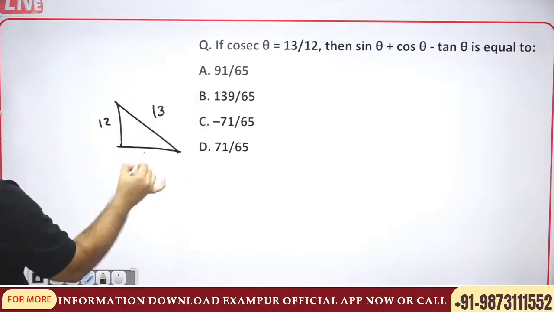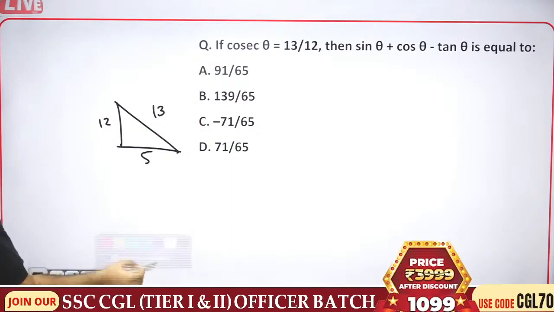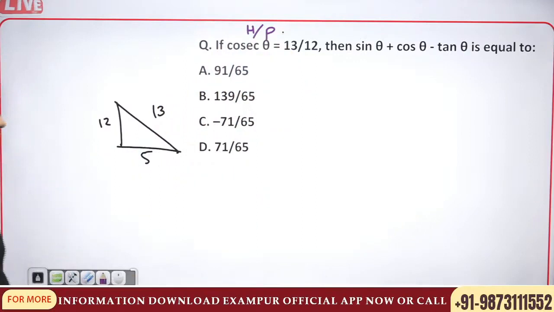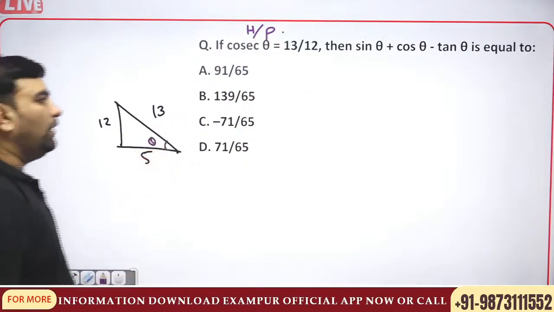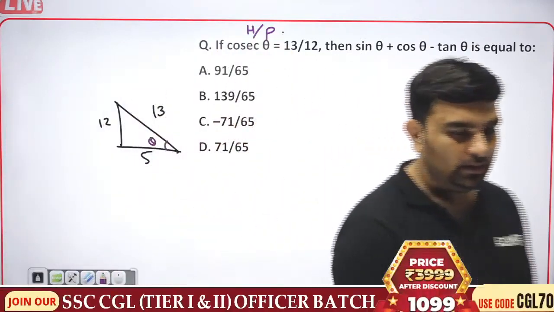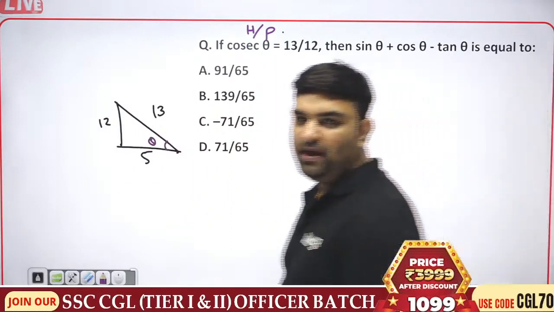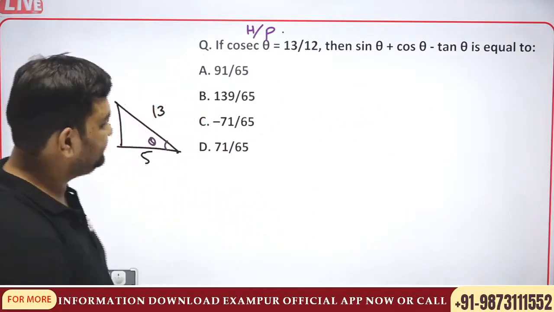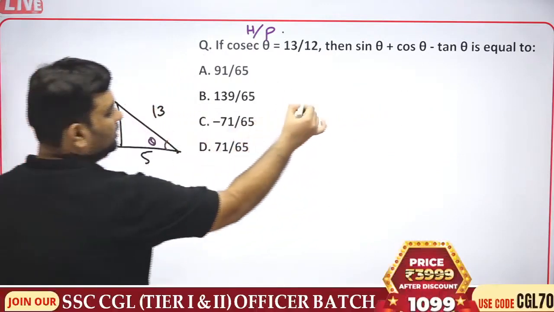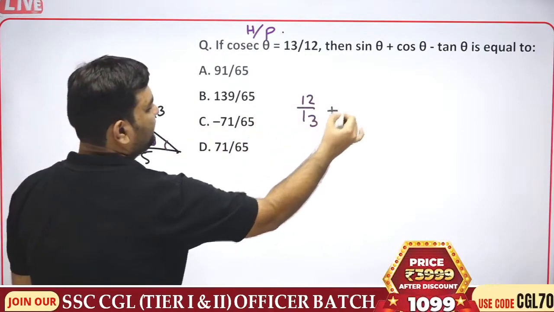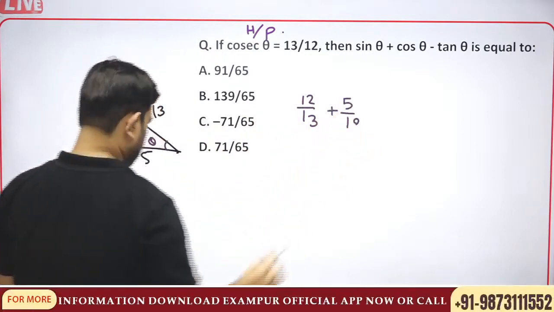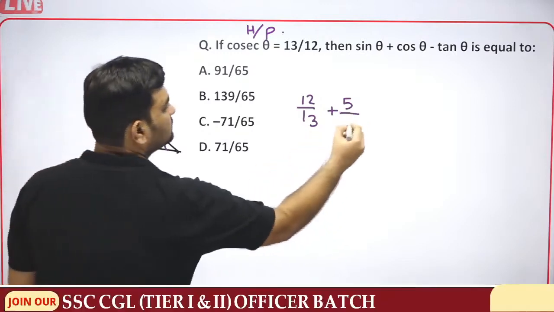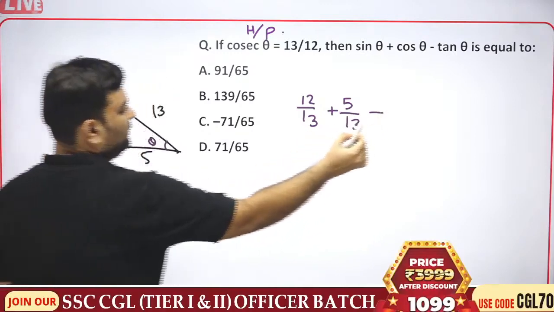Hypotenuse upon perpendicular base is 5. Obviously, there is no quadrant mentioned, so the answer should be positive. Sine 12 by 13, cos 5 by 13, tan 12 by 5 can come negative.